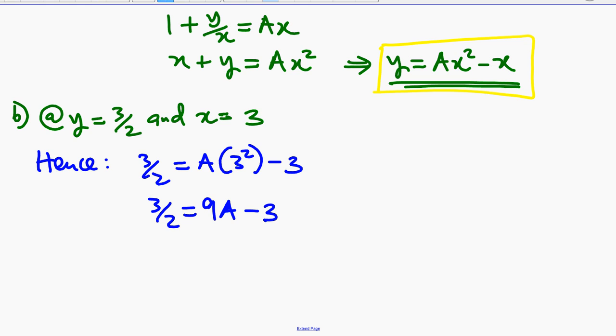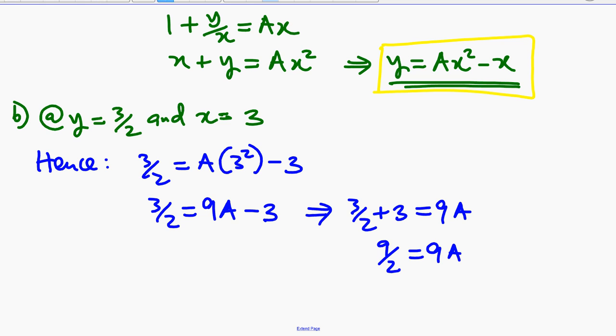So we'll end up with 3 over 2 plus 3 is equal to 9a. That will be 9 over 2 is equal to 9a, which means that a will be equal to a half.